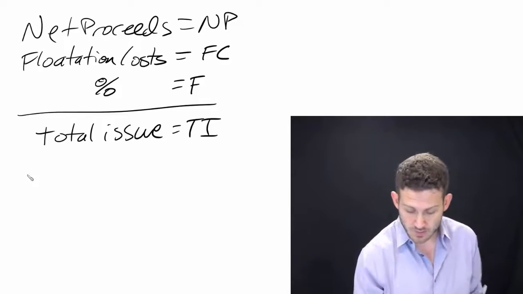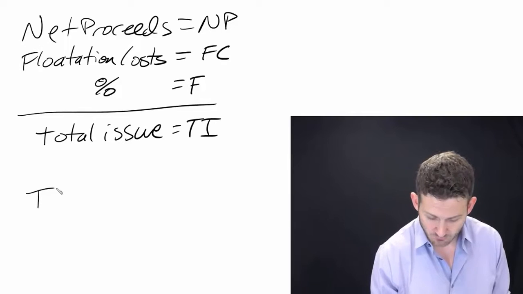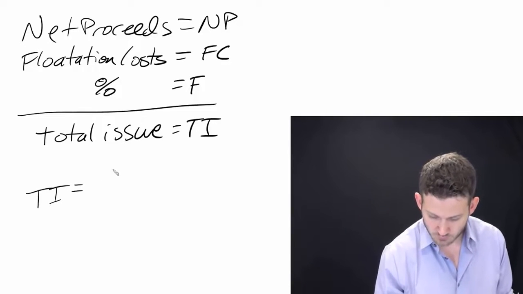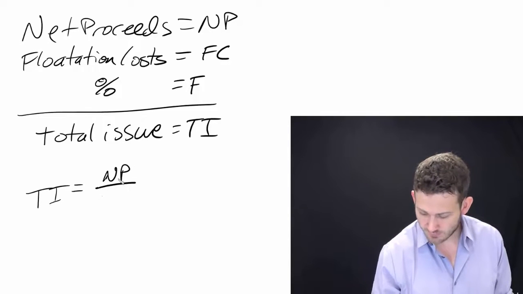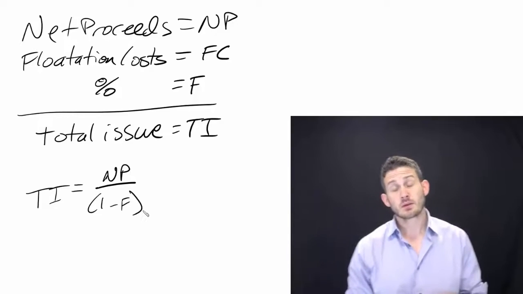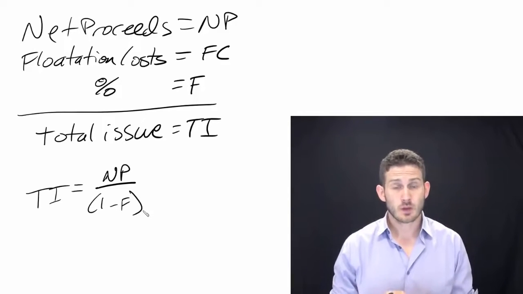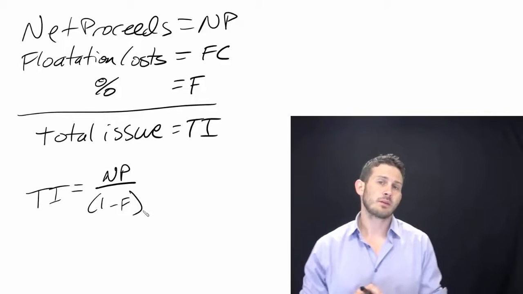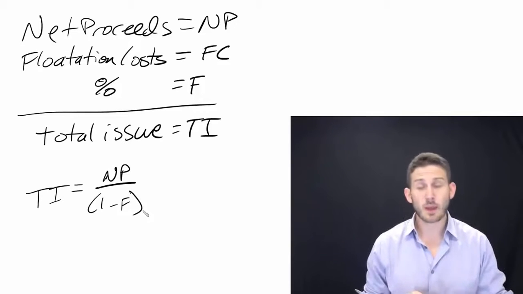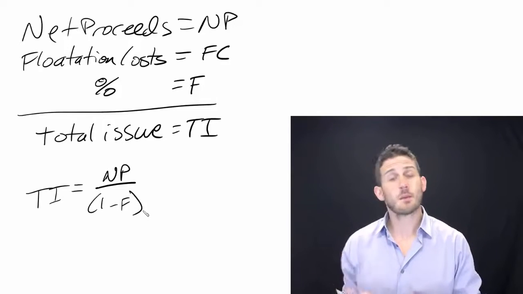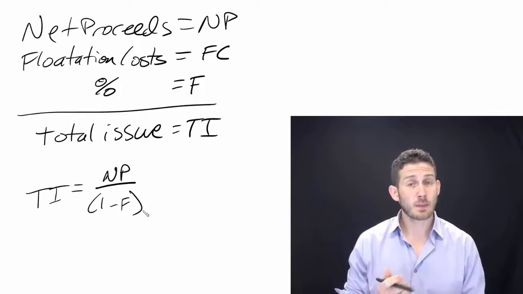So the equation I use to set this up is that our total issue is equal to net proceeds divided by 1 minus F. Makes sense? One way we can look at this is that we should be working this backwards and figuring out how much I actually need to expand my business.